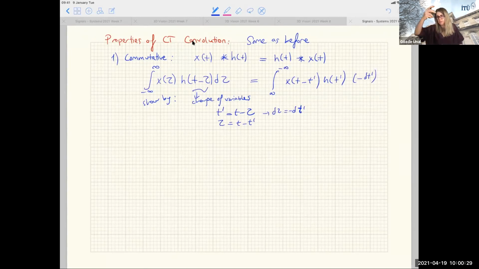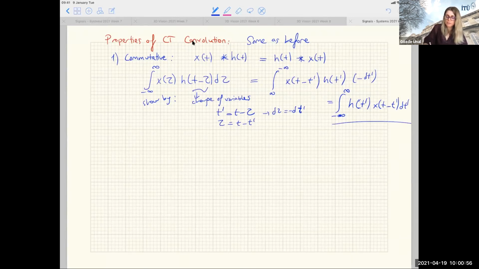By changing the integral limits, I can get rid of that minus, right? This should be fine. So it's really equivalent to the integral from minus infinity to infinity of h of t prime, x of t minus t prime, dt prime. So you see how to prove it. It's easy to prove the commutativity.